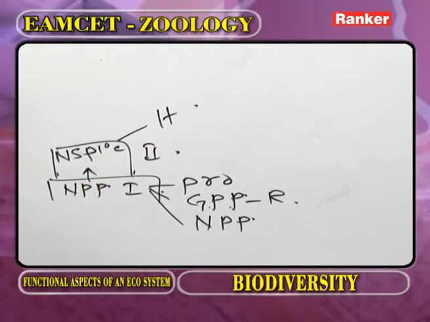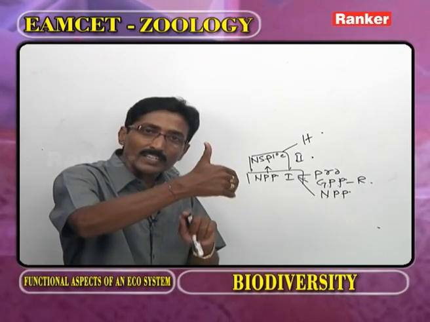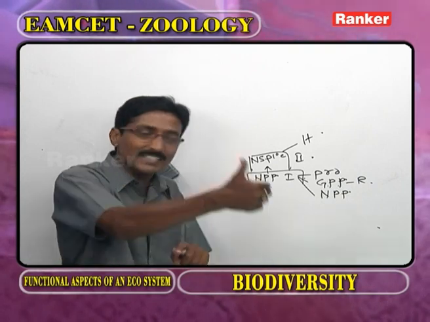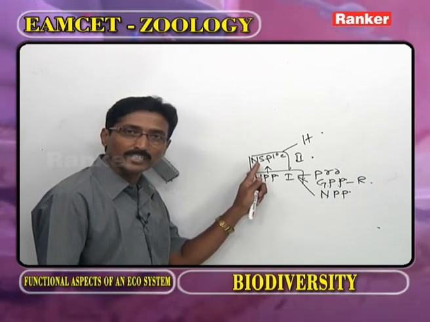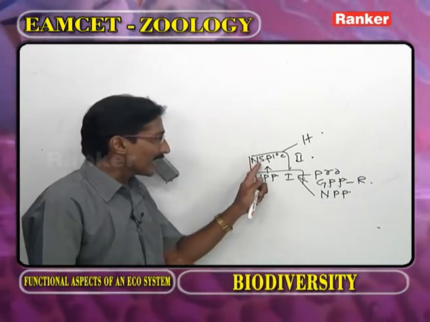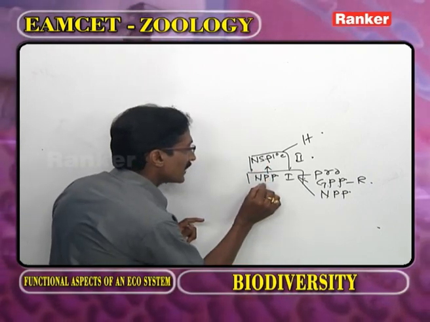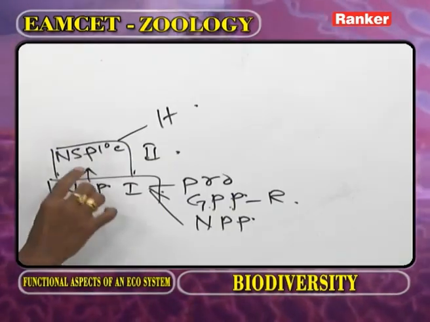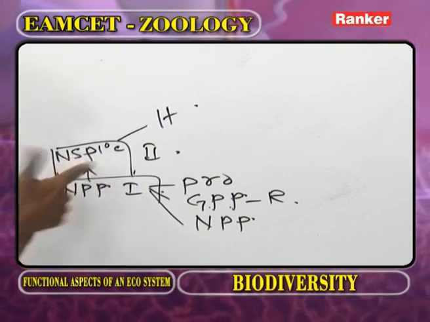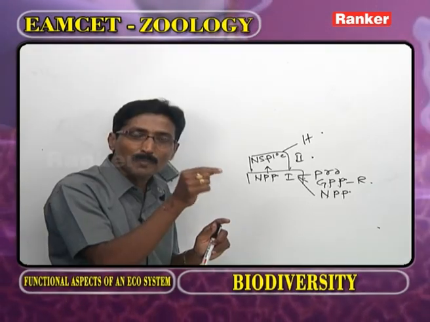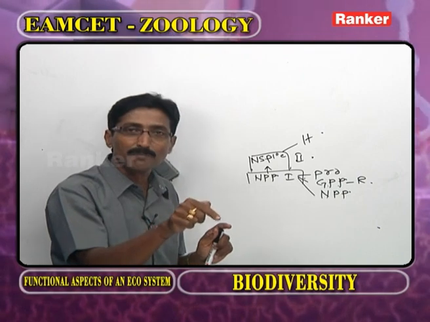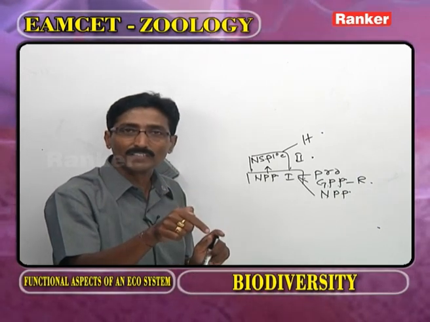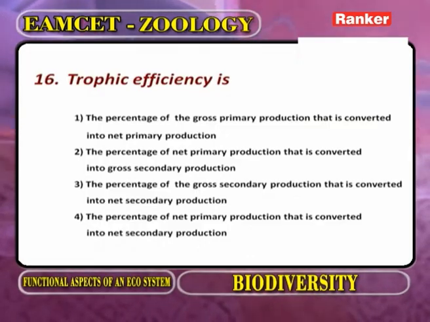In the herbivore body, finally such NPP is converted into what type of productivity? NSP, net secondary productivity. So the conversion of NPP into NSP is the trophic efficiency of the herbivore. Based on this information, what is the correct option? The fourth one.